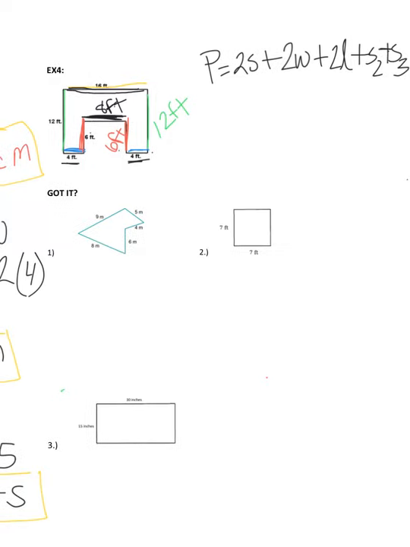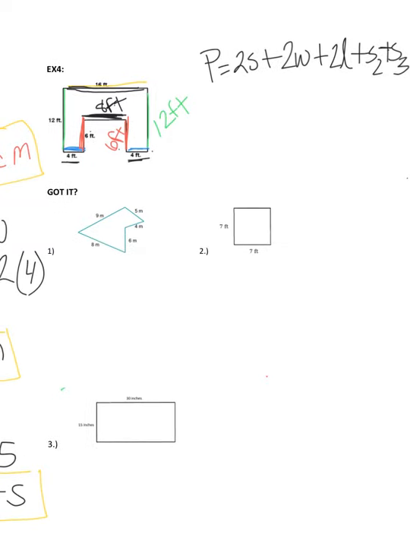So if we wanted to write it out, we would simply write it out as the perimeter is 2 times 12, because there are 2 12s, plus 2 times 4, because there are 2 4s. Then we can go 2 times 6, because there's 2 6s.